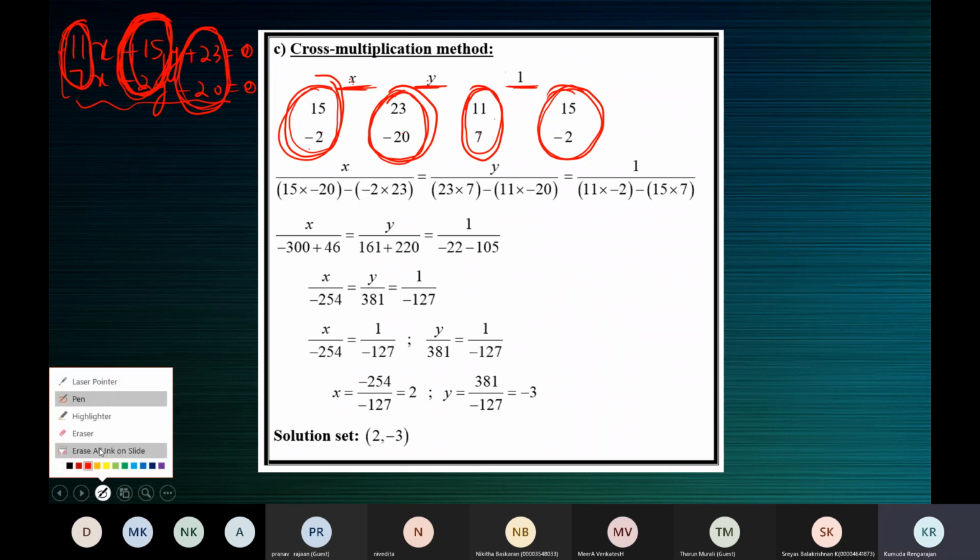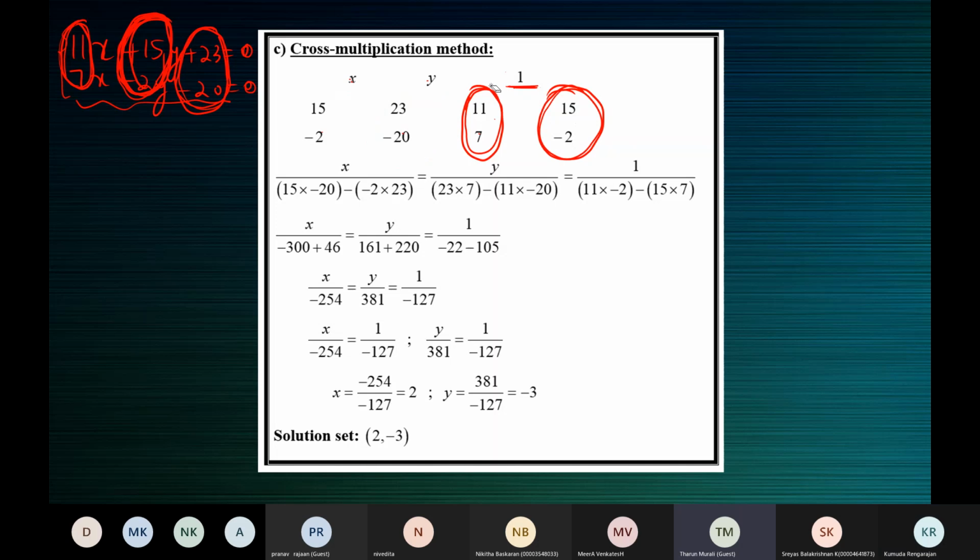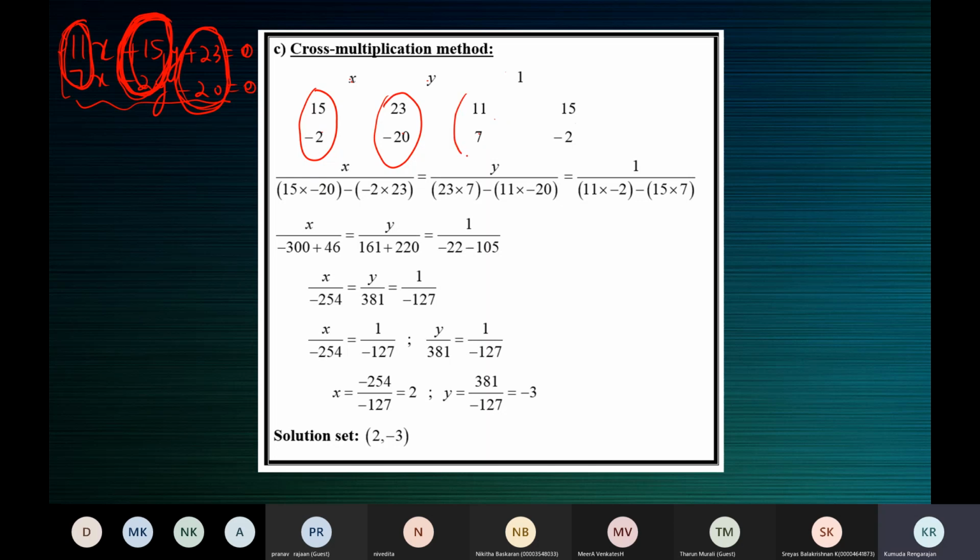Is this much understood, children? Yes, ma'am. That is, these are the coefficients of y, constants, coefficients of x, coefficients of y.